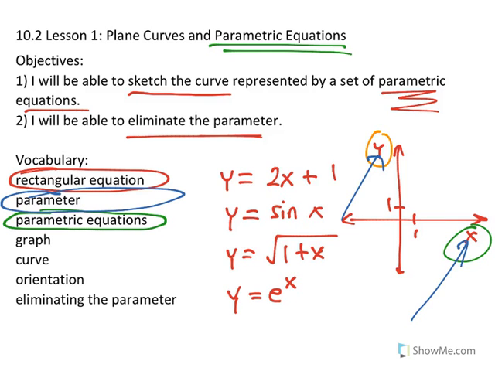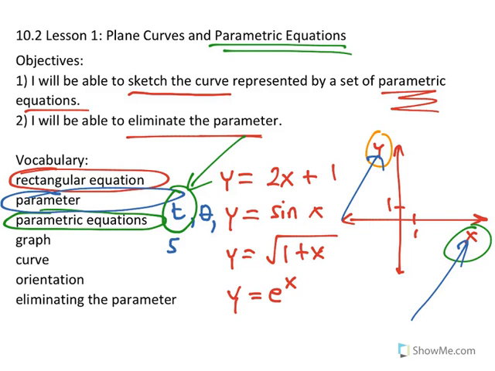Common letters that we use to represent the third variable are t. Sometimes we use theta or some other variable such as s. We can sometimes consider the parameter to represent time. So you can have, for example, movement of a particle in 2 dimensions as a function of time.